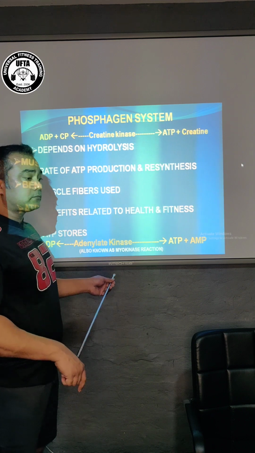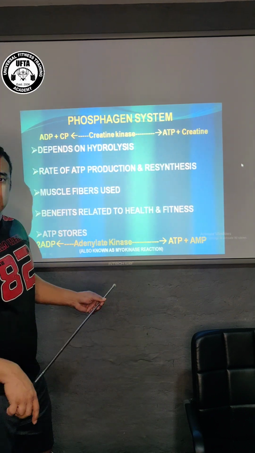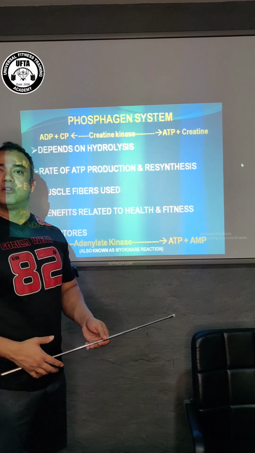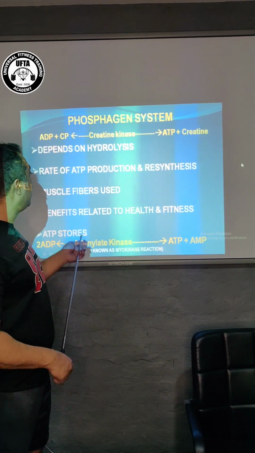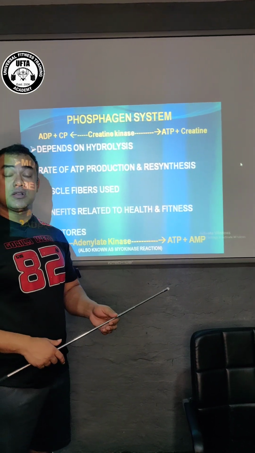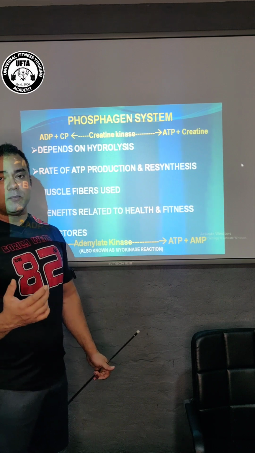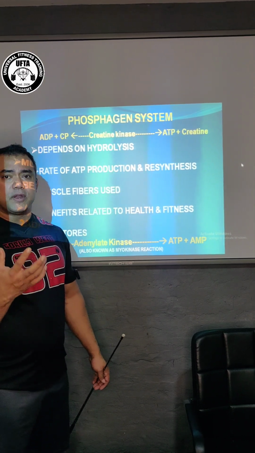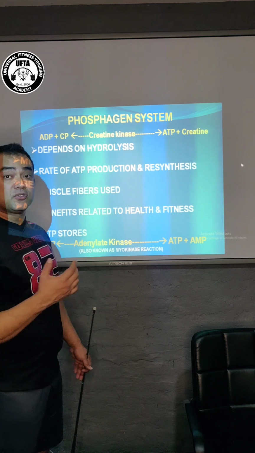The muscle fibers which can capitalize on the phosphagen system are the type 2X muscle fibers, or type 2 muscle fibers, because they are powerful muscle fibers, and they have higher storage of phosphagen and higher storage of creatine.